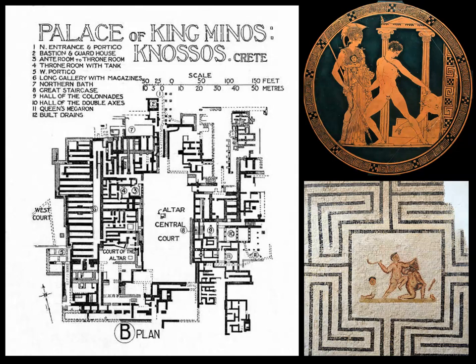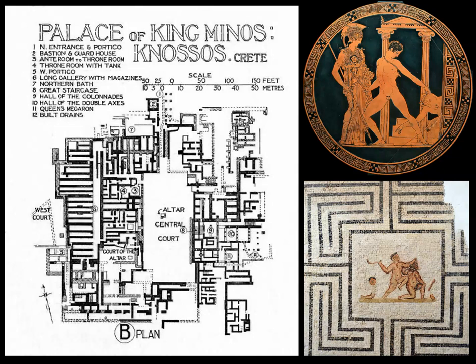Apparently Minos was a very strong and powerful king, and he had a wife, Pasiphae, and three children, Androgeus, Ariadne, and Phaedra. And he had this great palace and labyrinth built for him in Knossos by Daedalus.